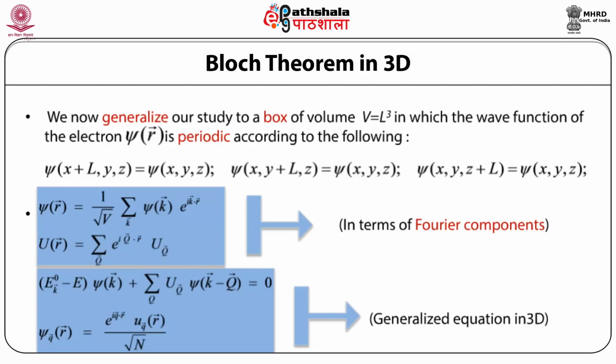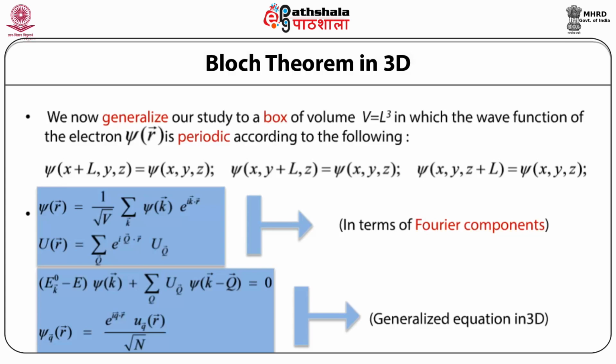Note that if e raised to power i k dot r plus t is equal to e raised to power i k dot r, where this vector t is a lattice translational vector, then small k is equal to capital Q. This collection of such vectors is called the reciprocal lattice.